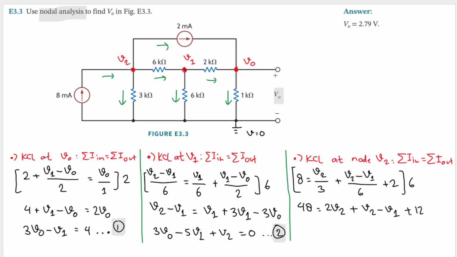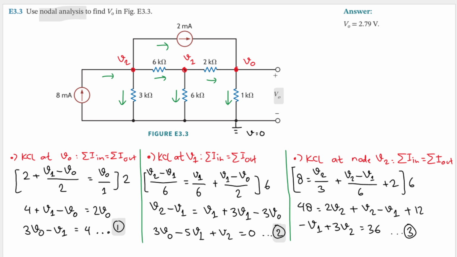I think that's all for this equation, for this node. So we will have minus v1, and then 2v2 plus v2, that will be 3v2. And then 48 minus 12, that will be 36.